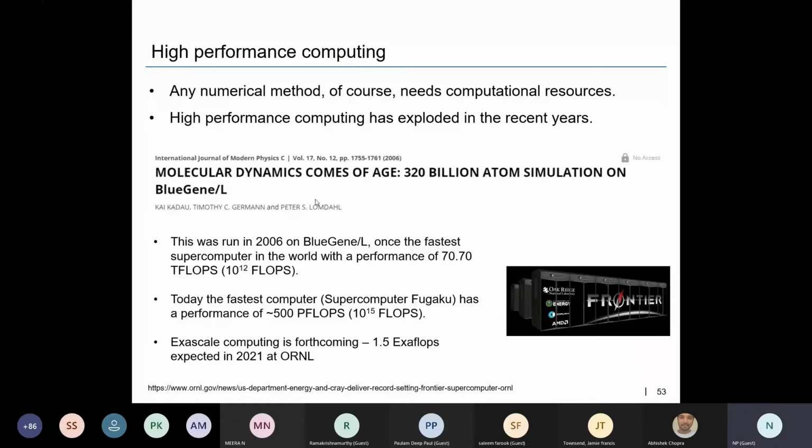And today in 2020, the Japanese supercomputer Fugaku has a performance of 500 petaflops. So we're more than 3 orders of magnitude higher than we were just about 14 years back. And rumor is that exascale computing, so performance on the order of 1.5 exaflops, is expected in 2021 at the Oak Ridge National Lab next year. So the acceleration in high performance computing is really quite astounding.